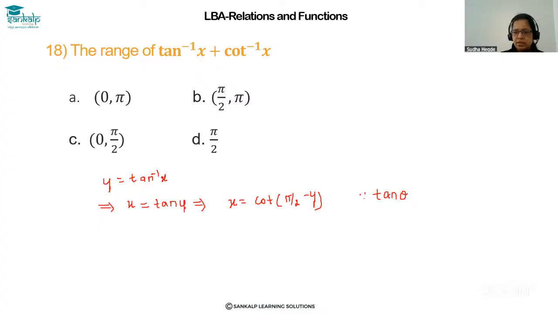Because tan theta you can write in terms of cot as cot of pi by 2 minus theta.